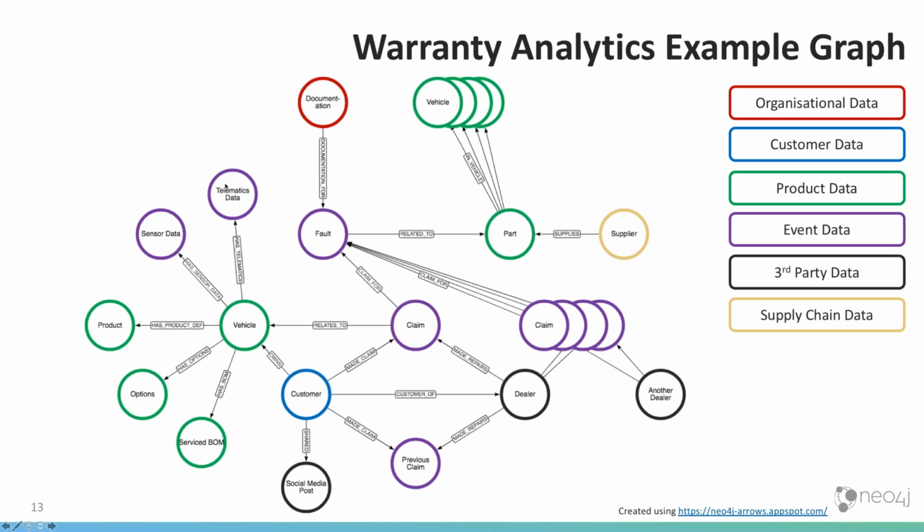And then again, we have potentially telematics data and sensor data, which might help illuminate some of these faults and understand if there's a particular pattern of either driver behavior or things happening in the car that lead up to a particular fault that we can then forecast for.